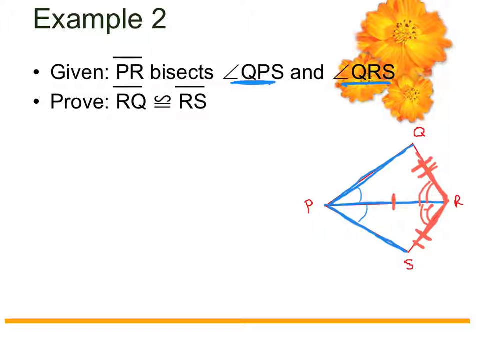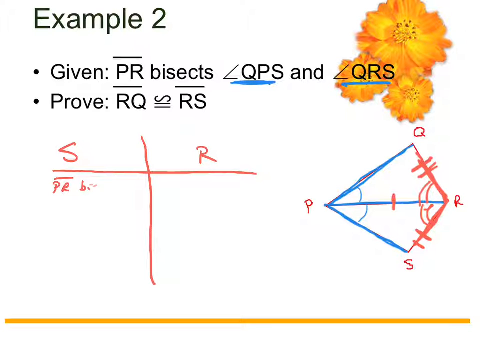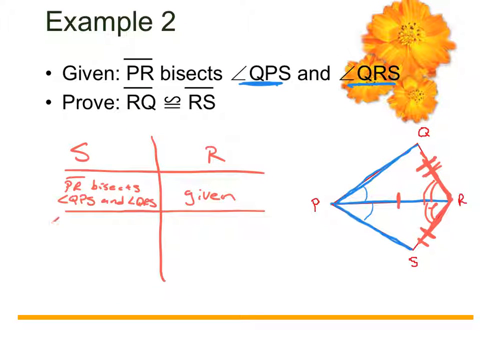CPCTC. Let's just put in a proof now. Statements, reasons. Okay, so we've got PR bisects angle QPS and angle QRS. That was given. We know that angle QPR is congruent to angle SPR because of the definition of angle bisector.